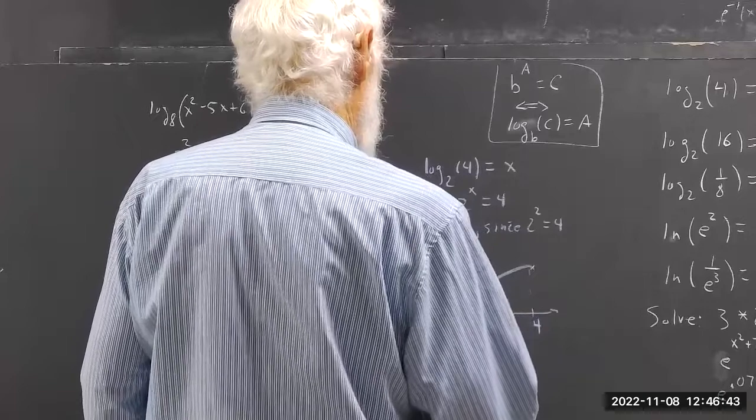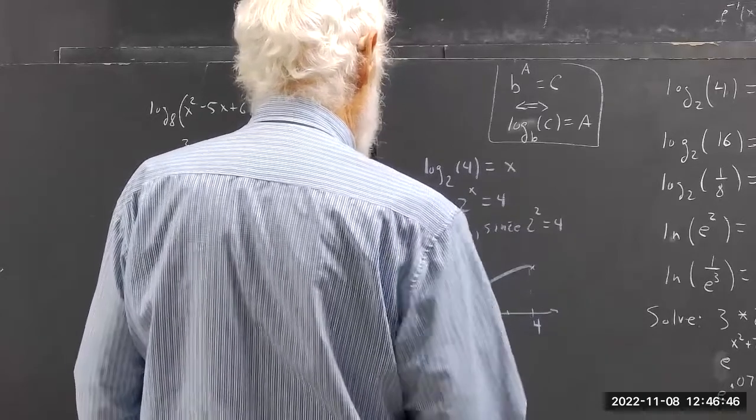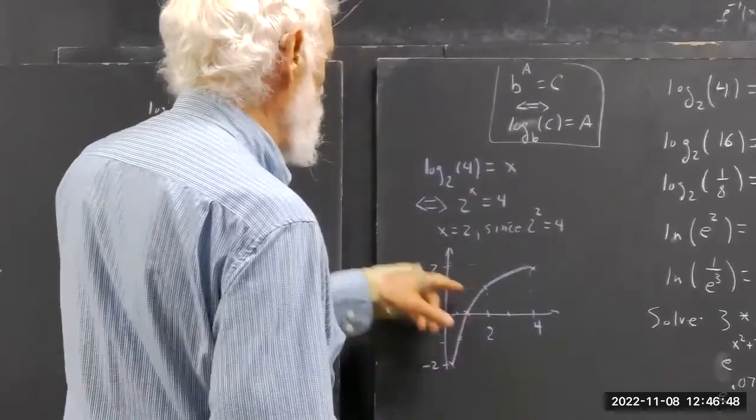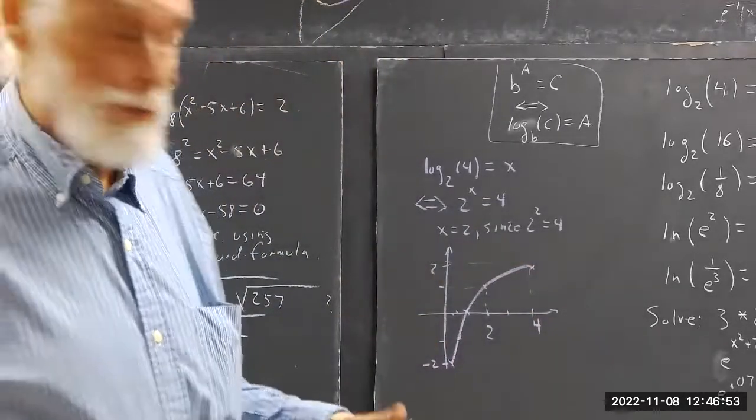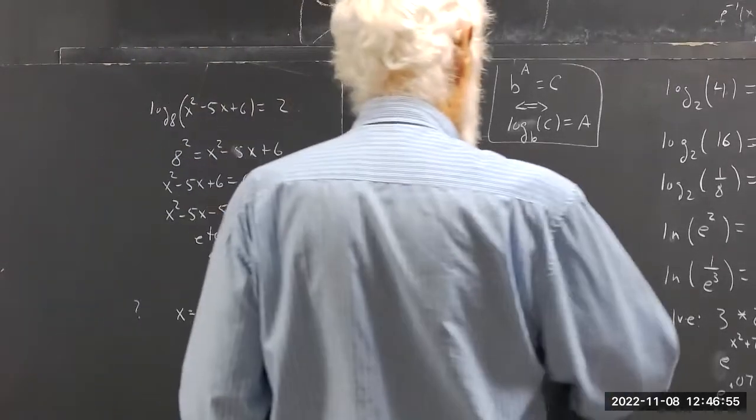Then, of course, the log base 2 of 2 is 1, the log base 2 of 4 is 2. It's right there in your graph. It's right here on your table.